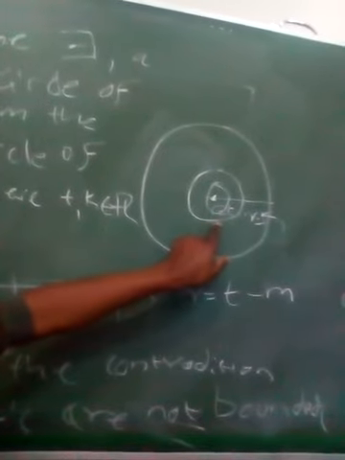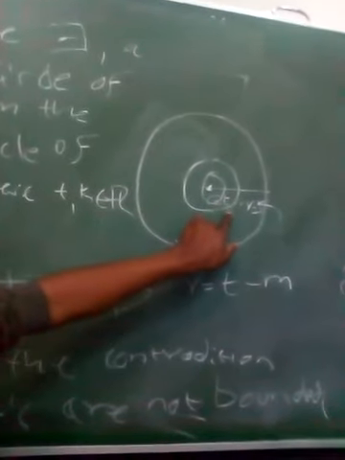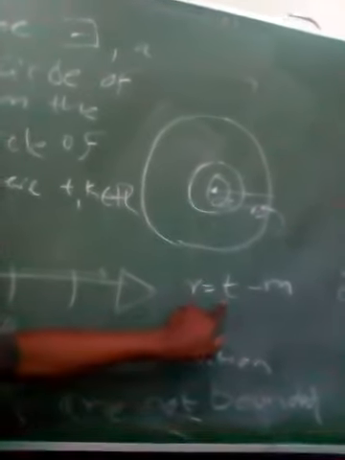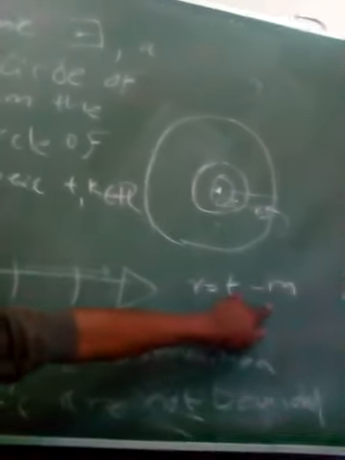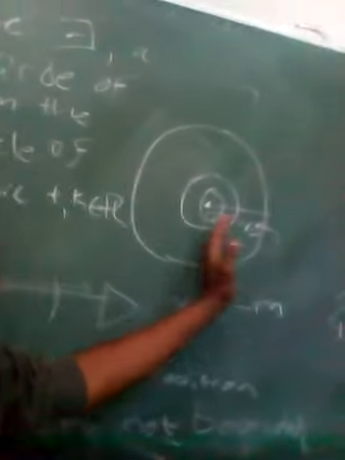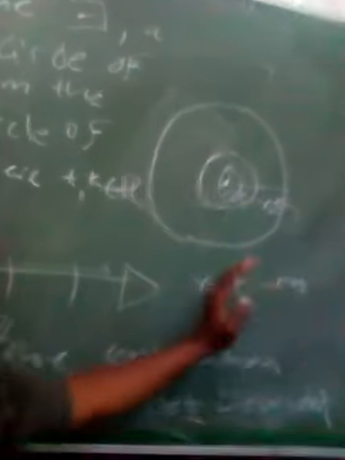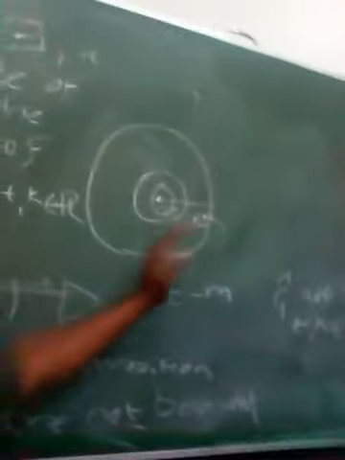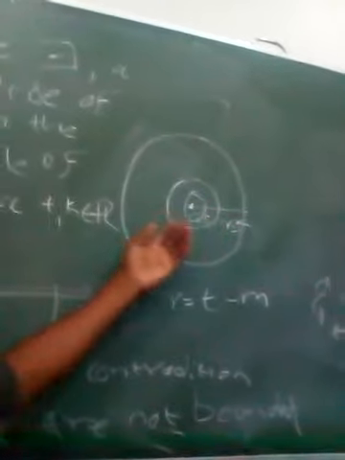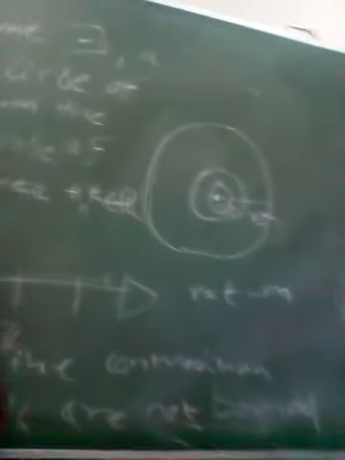We said that the smallest circle has the radius of t, but there could be another smallest circle with the radius of t minus m, because real numbers are not only bounded to t. Real numbers could be bounded to t minus m. Real numbers could be t minus q, t minus d, t minus alpha. They keep on going to negative infinity and to positive infinity.